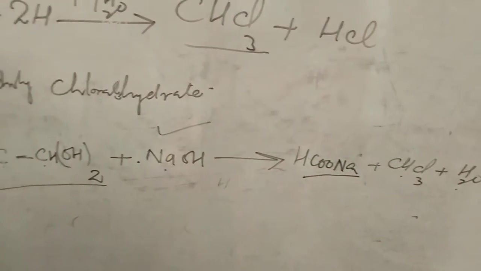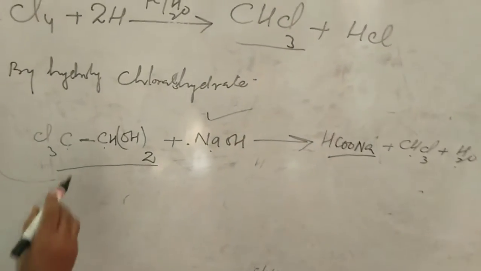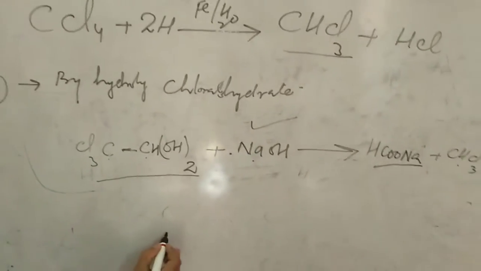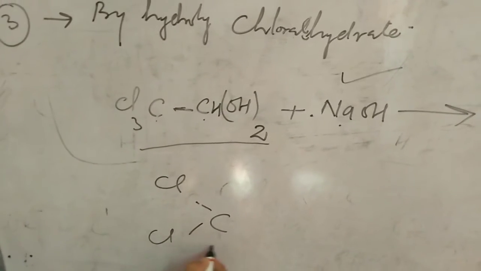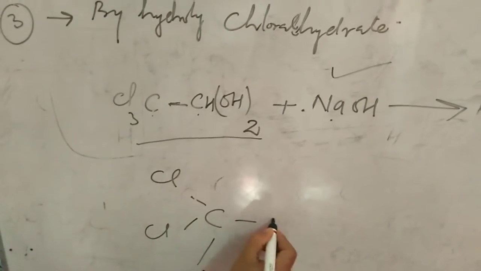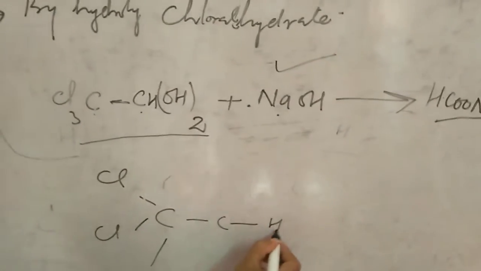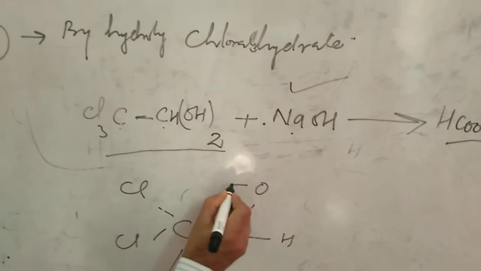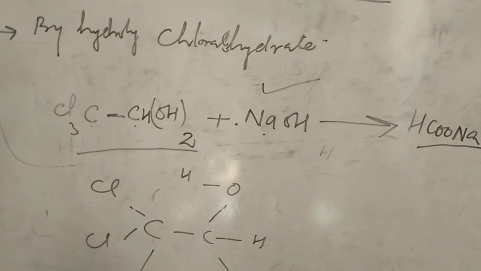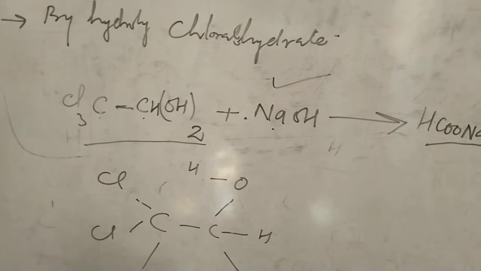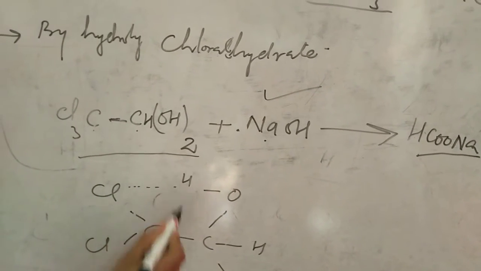This is the reaction. You must know that this is chloral hydrate. I will write it here. Here we know two OH groups are on the same carbon. We say that is unstable, but it is stable because there is hydrogen bonding.